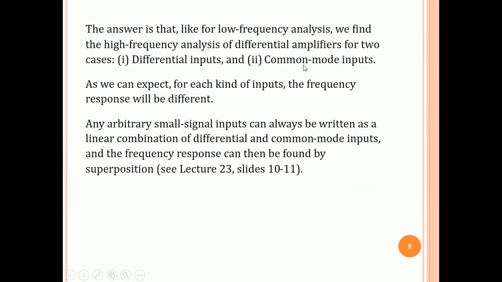And then if we want to find the frequency response for any arbitrary inputs, then we do a linear combination of the differential input frequency response and the common mode input frequency response.